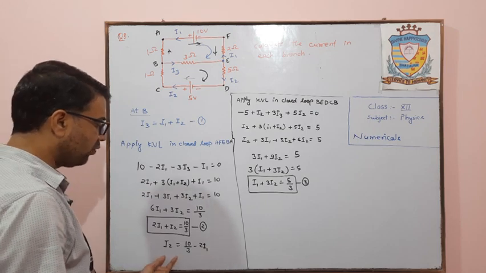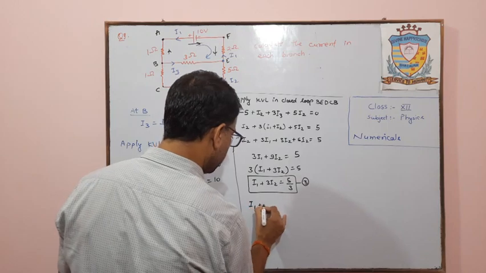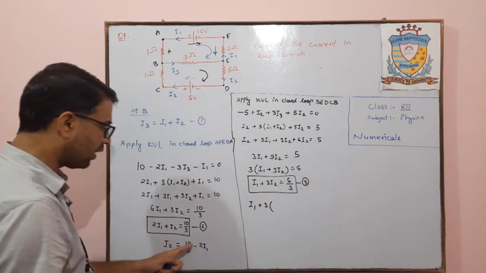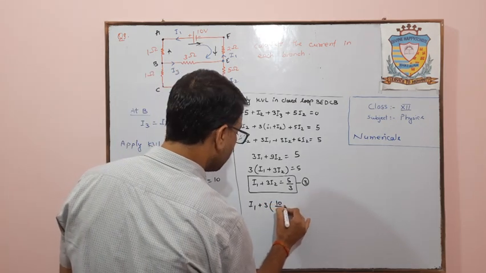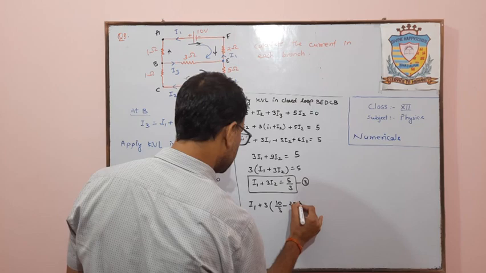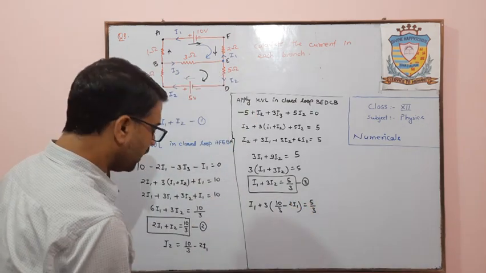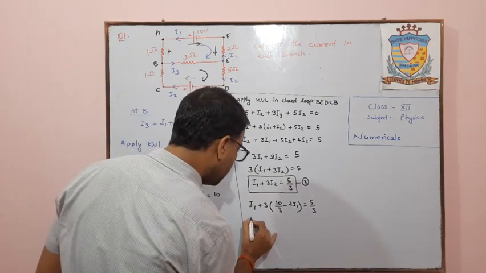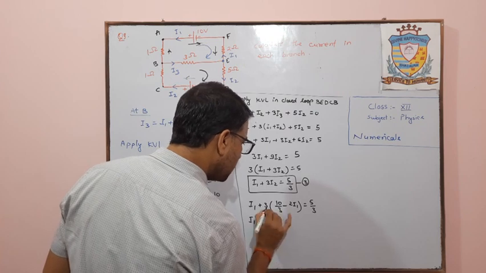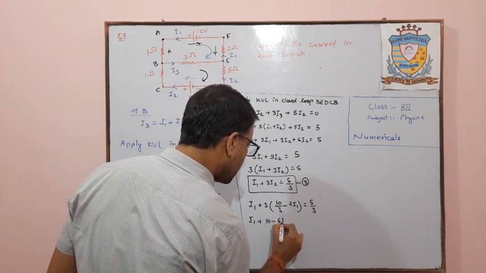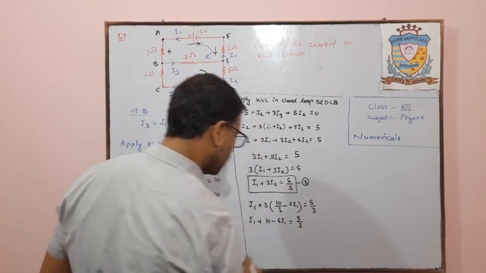We'll put this value of I2 in this equation. So I1 plus 3 into, in place of I2, 10 by 3 minus 2 I1, is equal to 5 by 3. Now I1 plus 3 into 10 by 3 is equal to 10, minus 6 I1 is equal to 5 by 3.